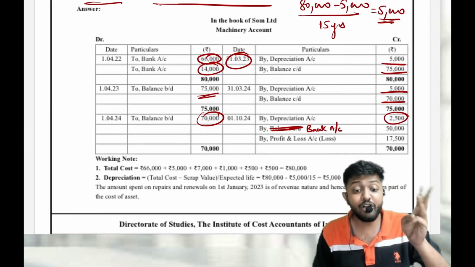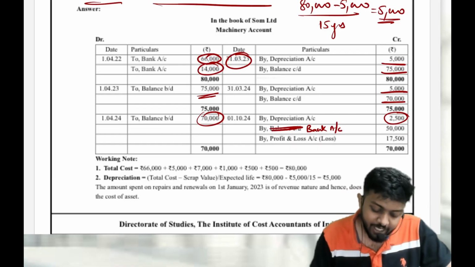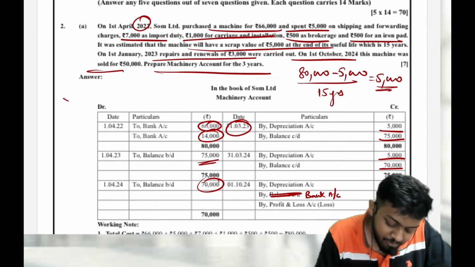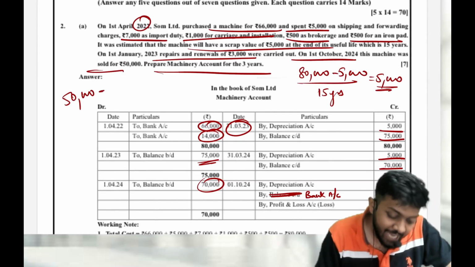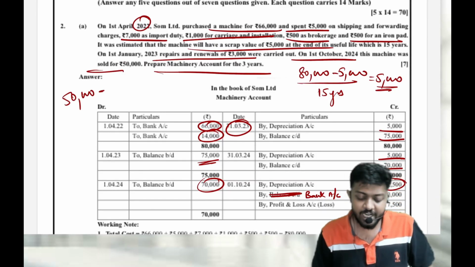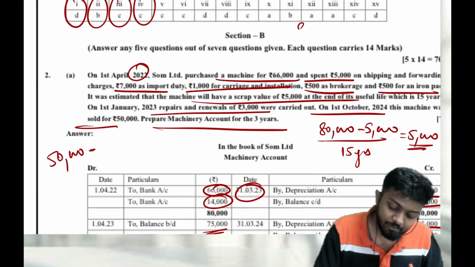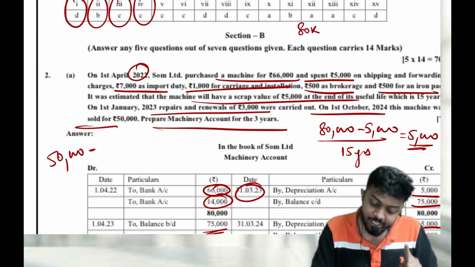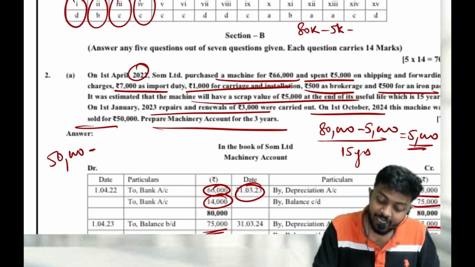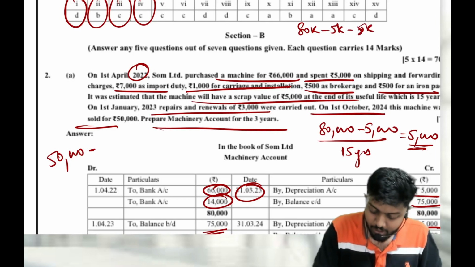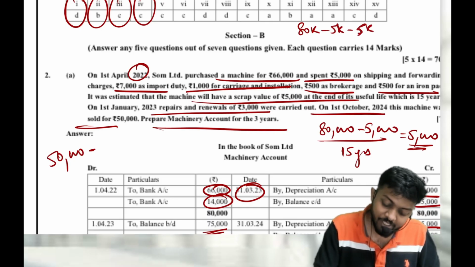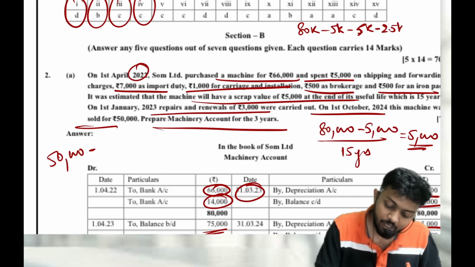Next, you calculate the profit or loss on sale. How to do it? Sale minus carrying amount. Sale amount is 50,000. Carrying amount is cost minus depreciation till date. Cost was 80. Then you gave first year depreciation, then second year depreciation, then depreciation till date of 2.5k.